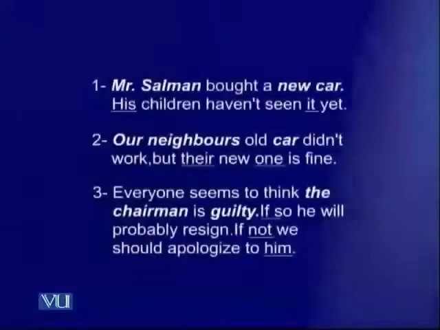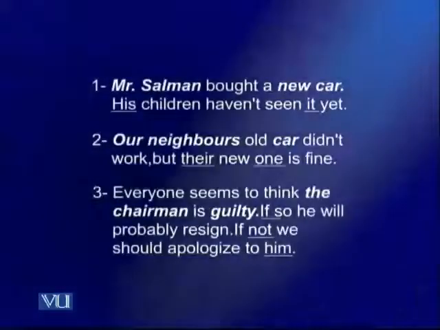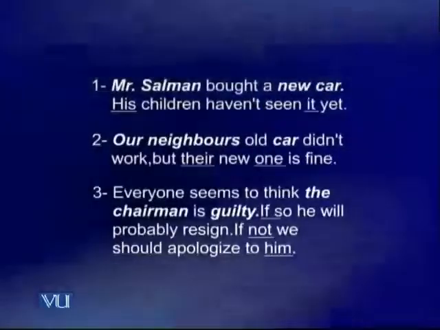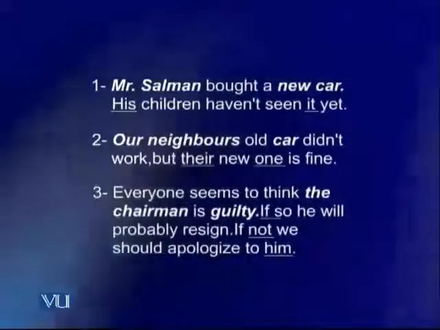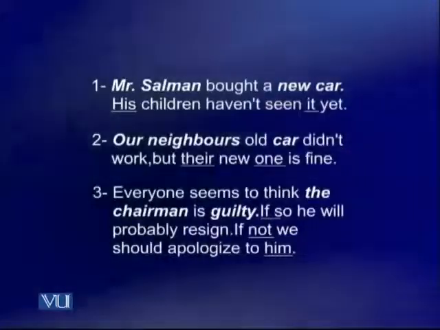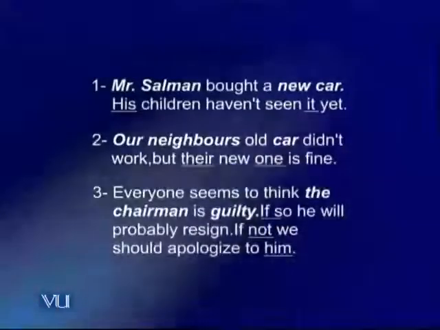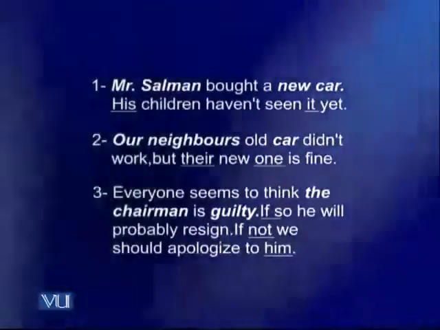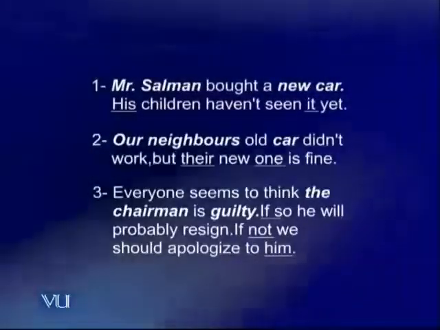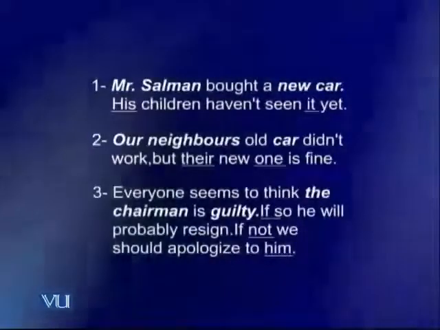Our neighbor's old car didn't work, but the new one is fine. The same thing is repeated in this sentence. Our neighbor's is in italics and the word car is also in italics. The words their and one are underlined.